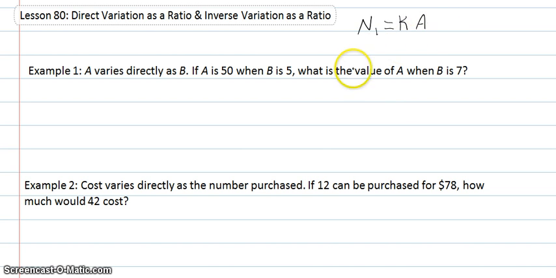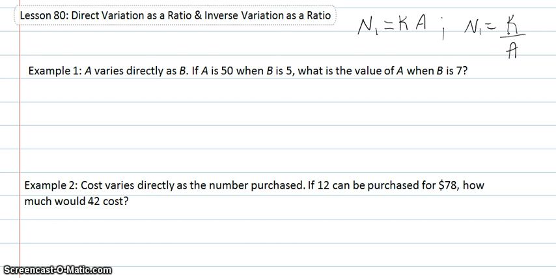And that would be our direct variation. Then for our inverse variation, we'd have the number would equal k divided by whatever is related to it.